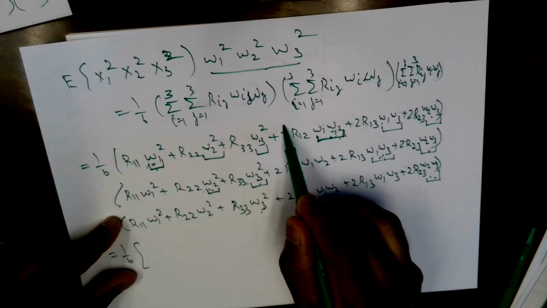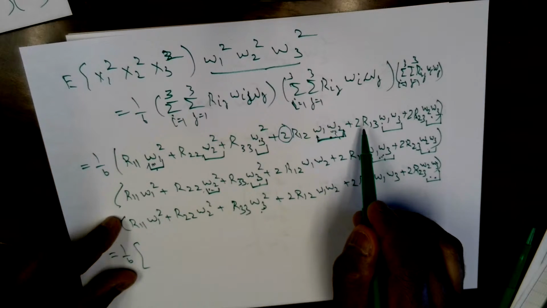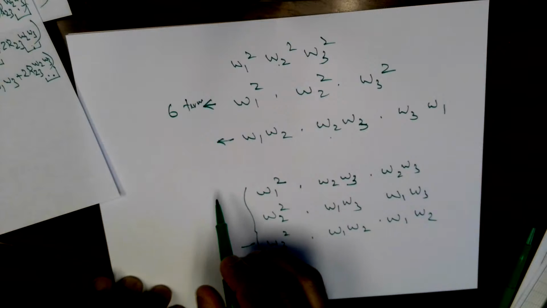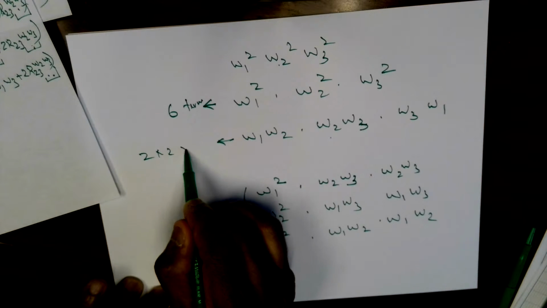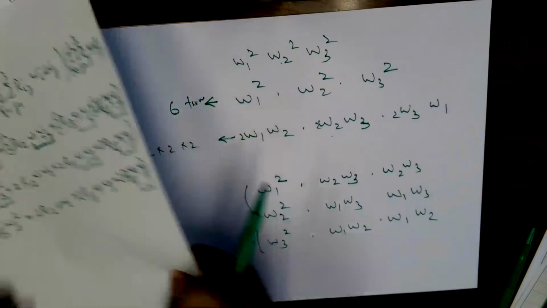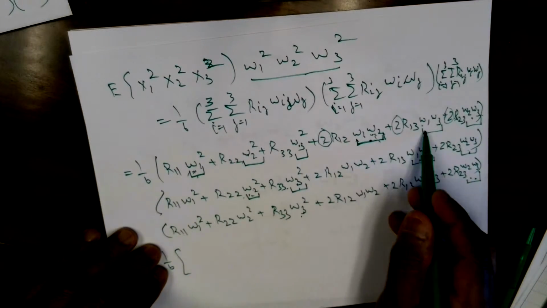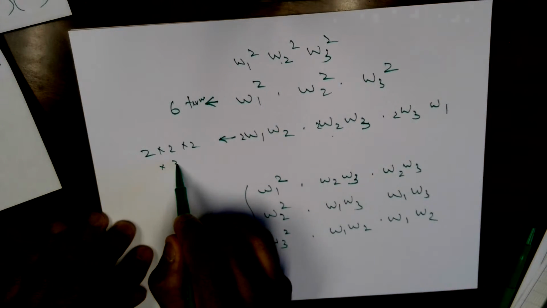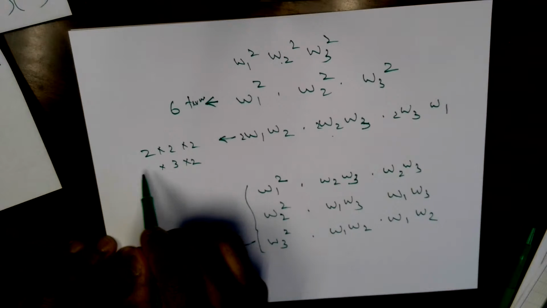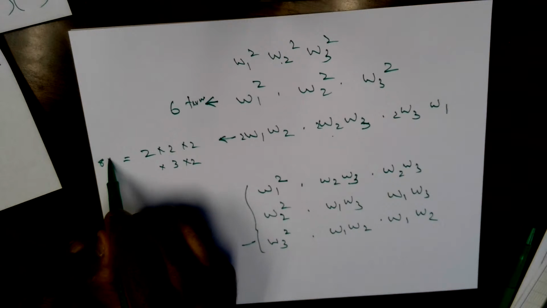Except that on each of them you also have a 2, 2, 2 here. So you have a 2, 2, 2, because there is a 2 here, 2 here, 2 here in the expansion. So that on top of that you have another 3, another 2. So that's going to be 8 multiplied by 6.